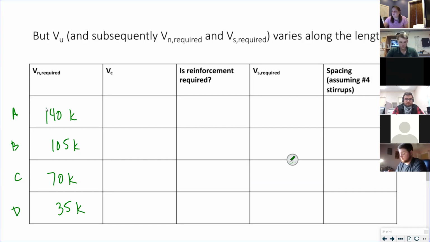So my VC is not going to change. 2 square root of f'c bw d.